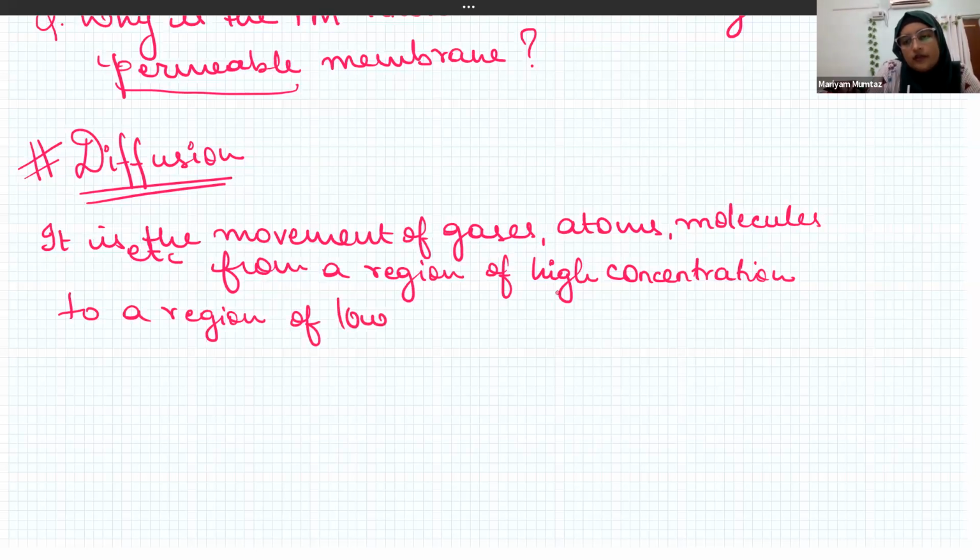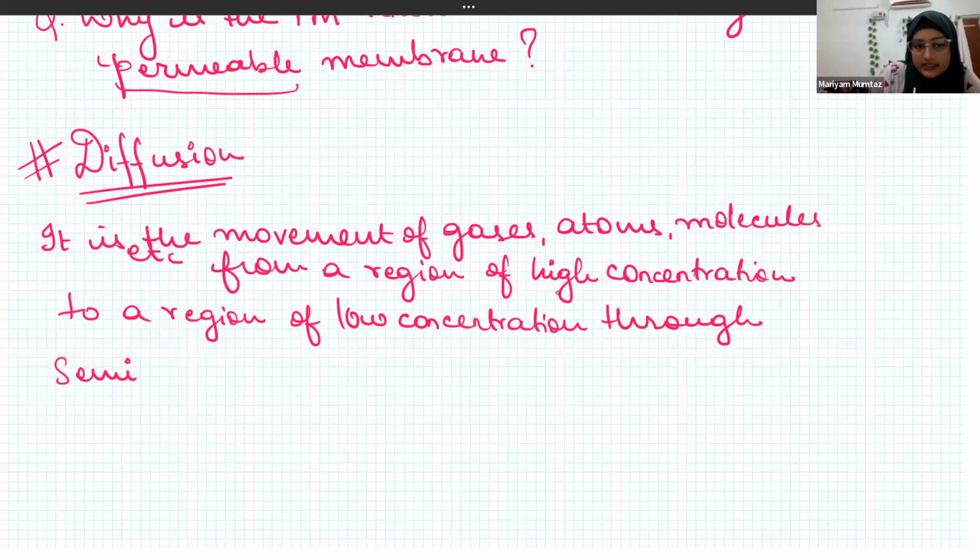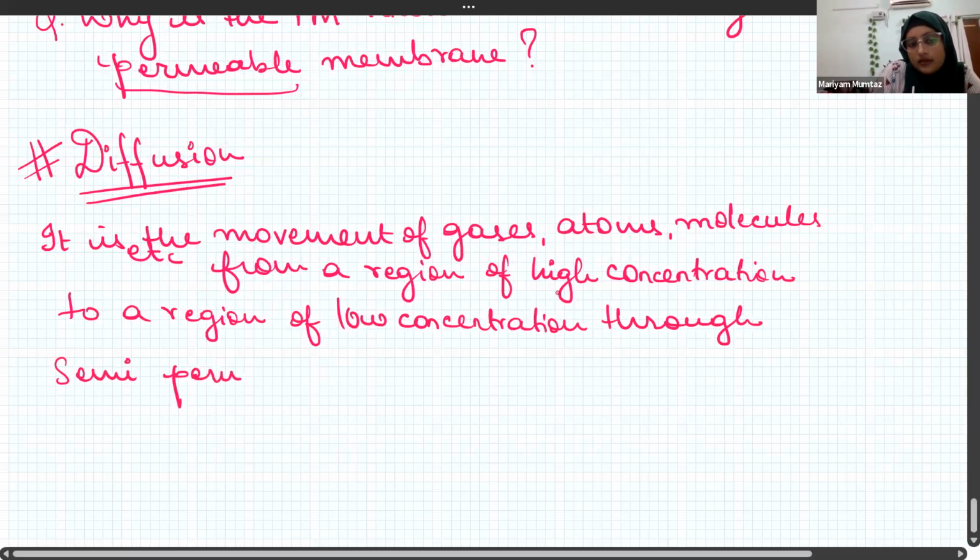Okay, region of low concentration. And this occurs through a selectively or semi-permeable membrane.